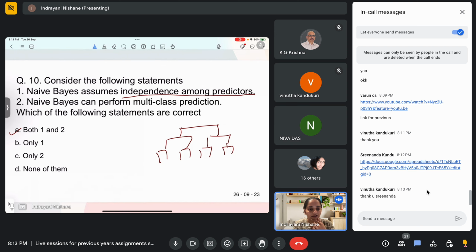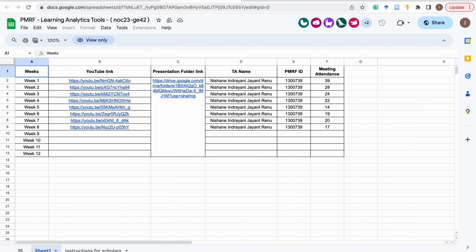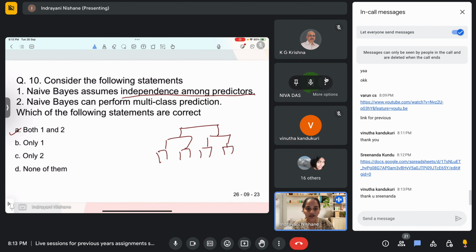If you open the spreadsheet link shared by Shrinanda, because today is week 9, this session is still going on. After our session gets over, it will go on to YouTube, and I will update the link on the same sheet. So this sheet has both things.